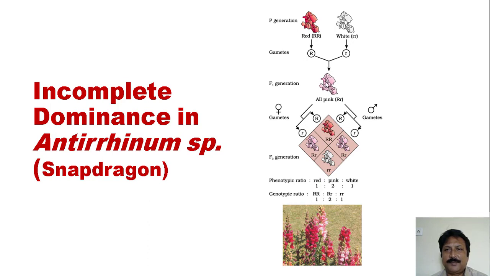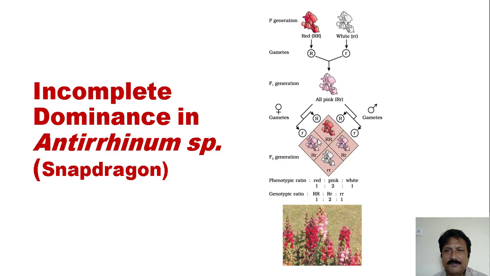Rather, it became pink, which is a deviation from the Mendelian concept. When these pink flowers are crossed, then what happens? Then in the F2, red, pink and white flowers were obtained simultaneously.